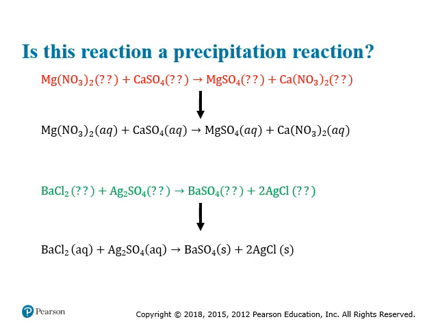So what happens when you mix a solution of magnesium nitrate with a solution of calcium sulfate? All of those ions break apart into solution. They form those compounds on the right, which fall back apart into those ions in solution. So we end up with just a bunch of ions in solution.